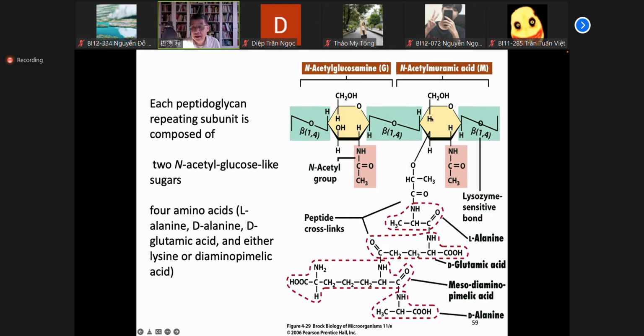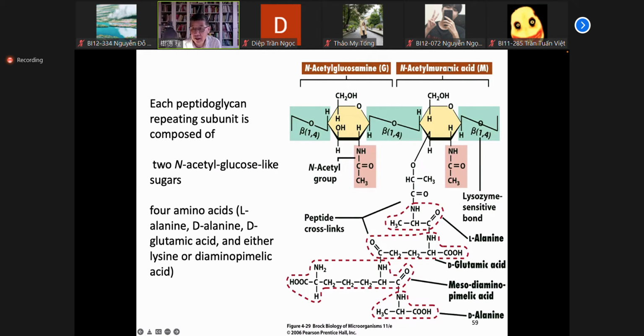You can see this is almost the same structure as N-acetylglucosamine, right? But here, it has one lactic acid. With the lactic acid it is called N-acetylmuramic acid. Mura means wall.